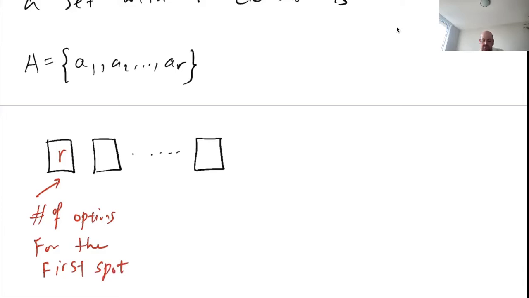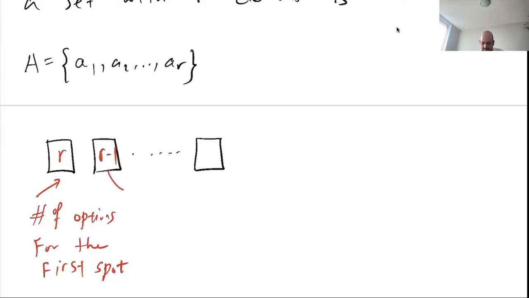And then for the second spot, I'm going to be left with R minus 1 options, right? Because one element has been already chosen for the first spot. And of course, I can't choose that one anymore, right? It's already been chosen. So I am left with R minus 1.